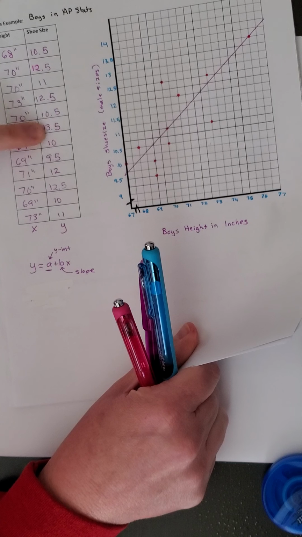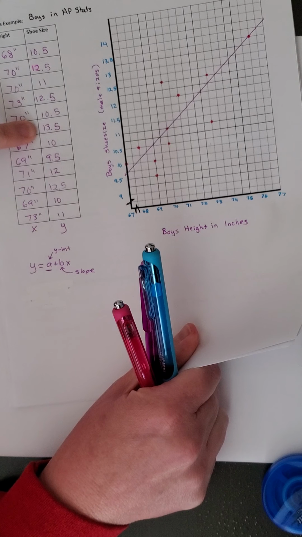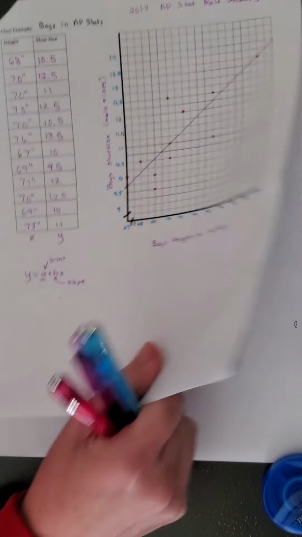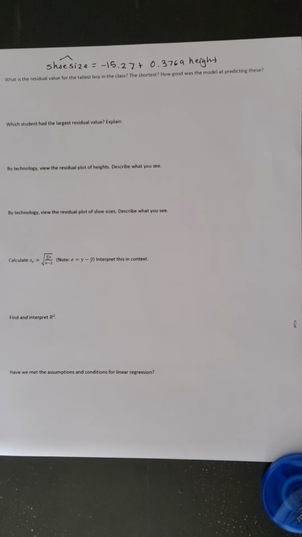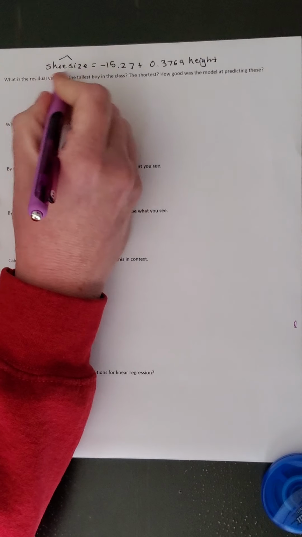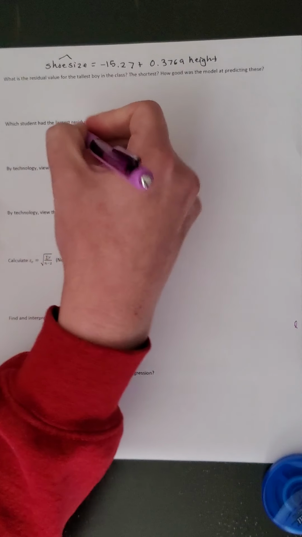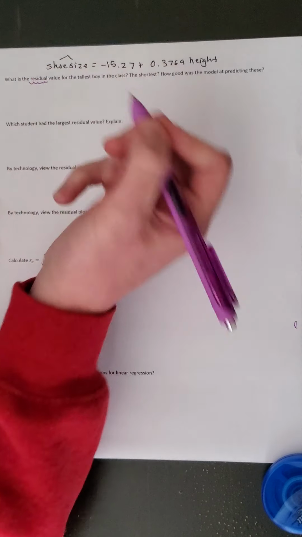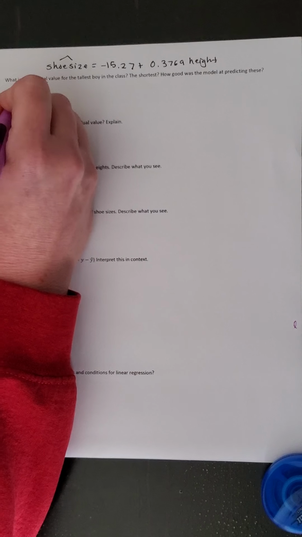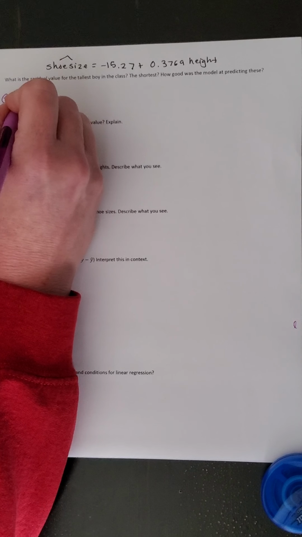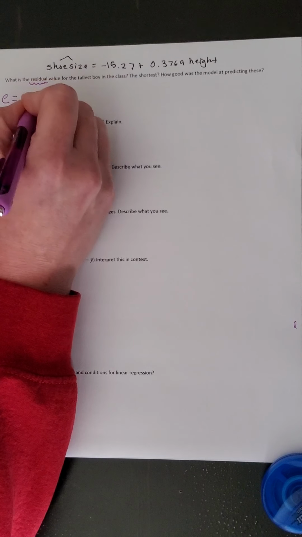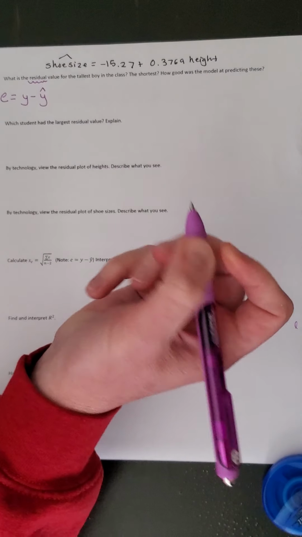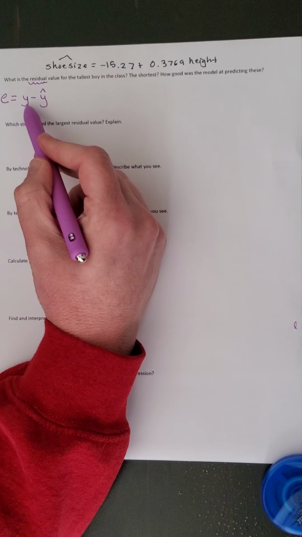So he had an actual shoe size of 13.5. So we're going to calculate what his predicted shoe size should have been. So when it says the residual value, to find the residual E, we're going to take the observed Y minus the expected Y hat. Well, I know the observed for the tallest boy in the class.